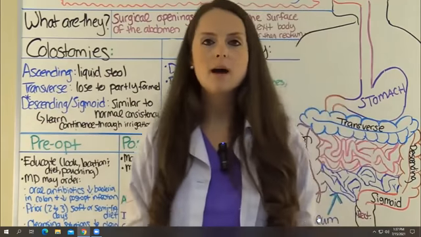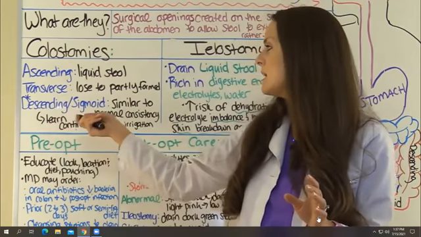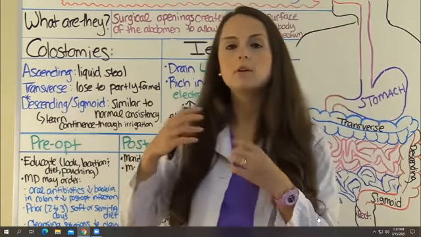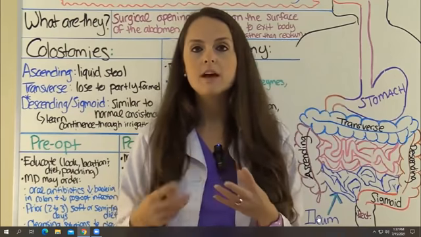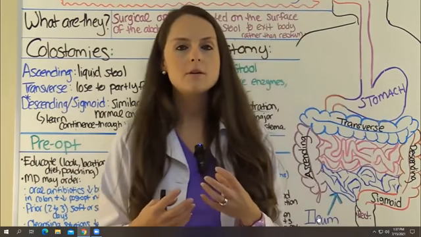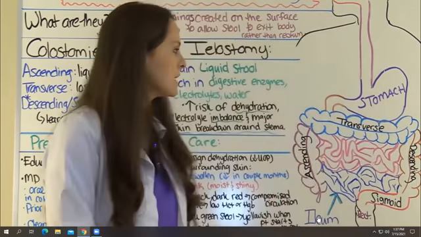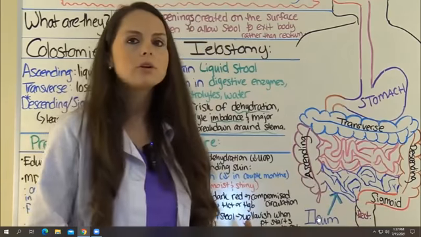Now, keep this in mind. Remember this. With descending and sigmoid colon colostomies, the patient has a greater chance of developing bowel continence, where they can learn to control their bowel movements. And why? Because normally if stool was going to go in the rectum, you control your bowel movements.